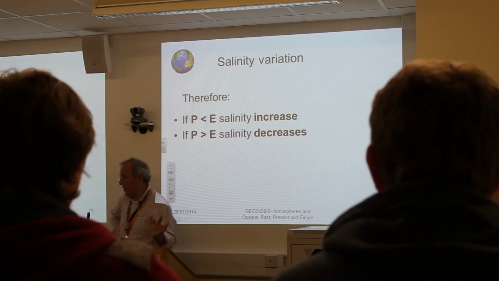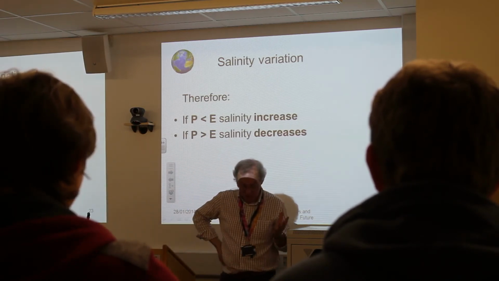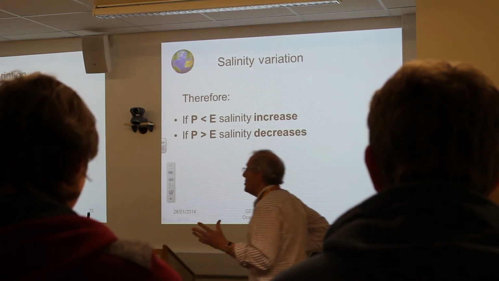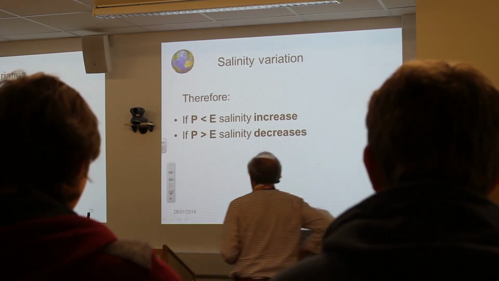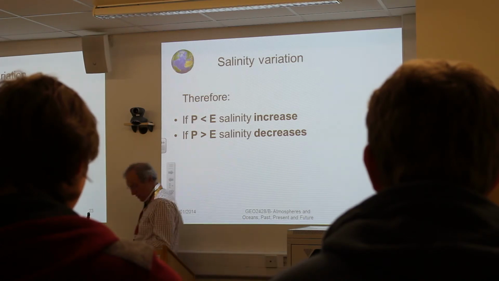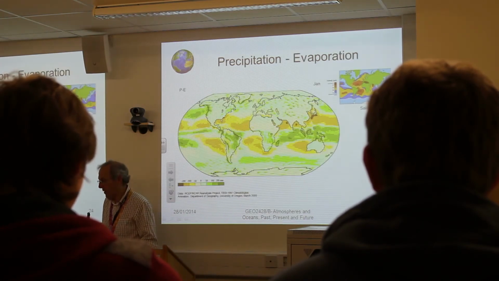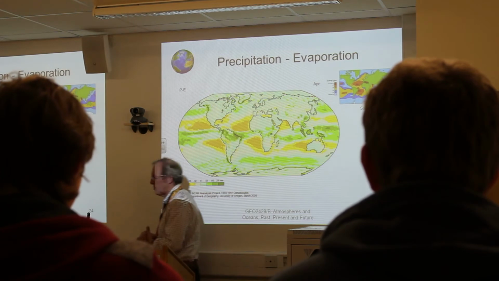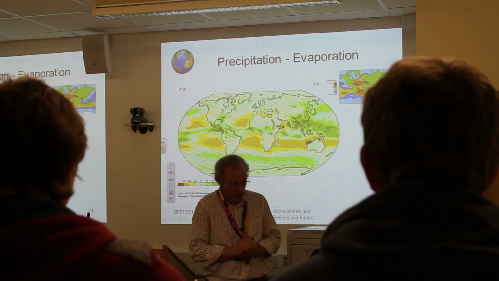So as long as P is less than E, precipitation is less than evaporation, salinity increases. P greater than E, precipitation greater than evaporation, you get salinity decreasing. And we've shown this is the difference between precipitation and evaporation.